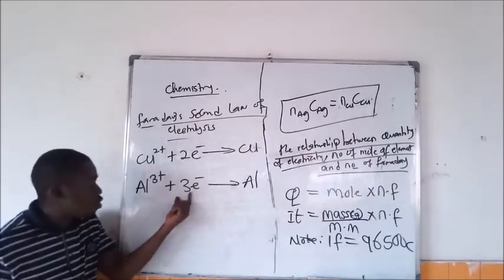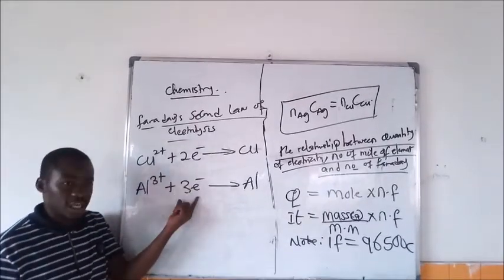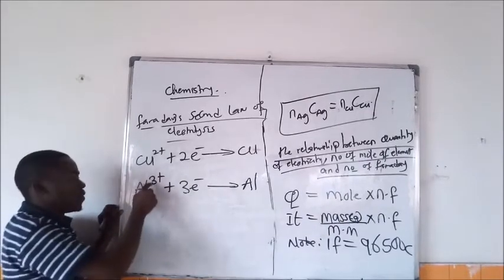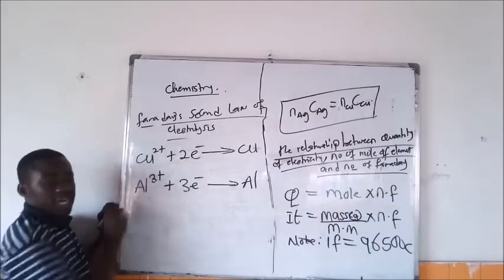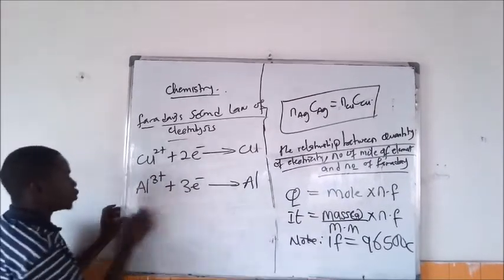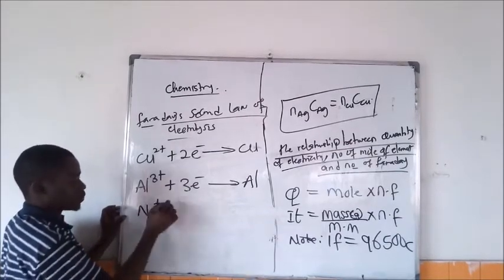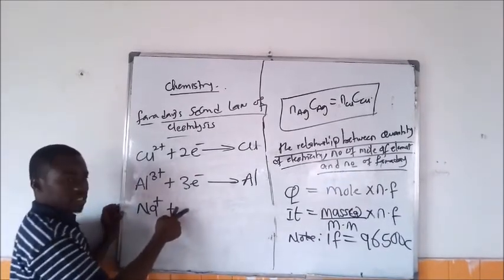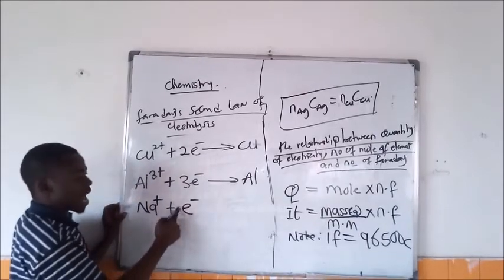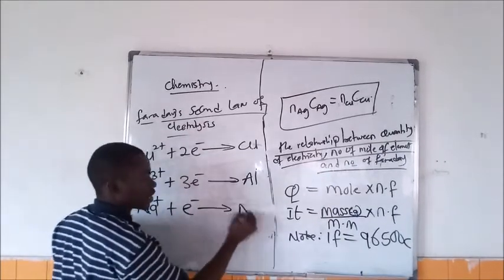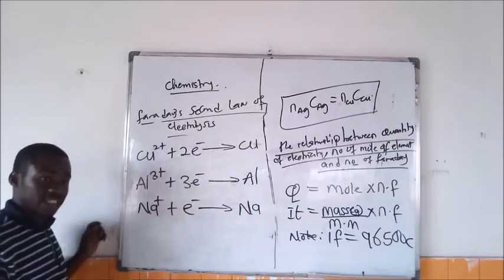Do you know how we get all these 2, 3? We are getting it from the number of charge on the elements. Let's say for example you have sodium plus. You will have 1 electron minus to eventually give sodium. Are you getting it now?